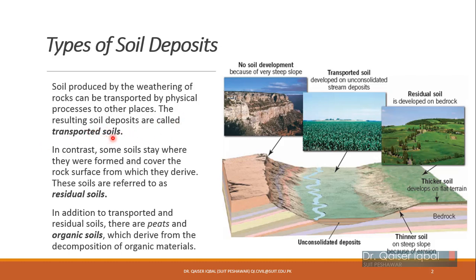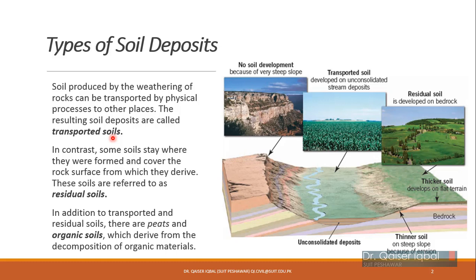Transported soils are the soils carried from the place where the rock weathered. The fragments have been removed from the rock by various physical and chemical processes, and then carried by physical processes to other locations. Then they are called transported soils.